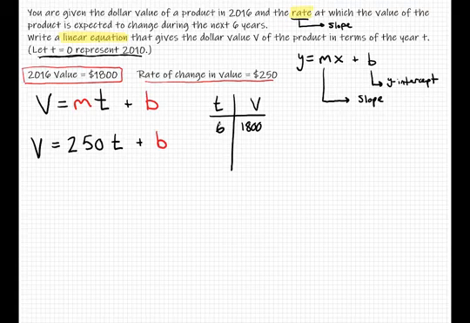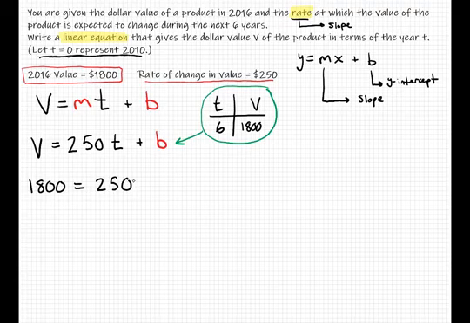Okay, so now we have a pair of values, 6 and 1800, and we could plug these values into this equation. And then the only unknown left will be the letter b. Okay, so v is 1800 equals 250 times 6 plus b.